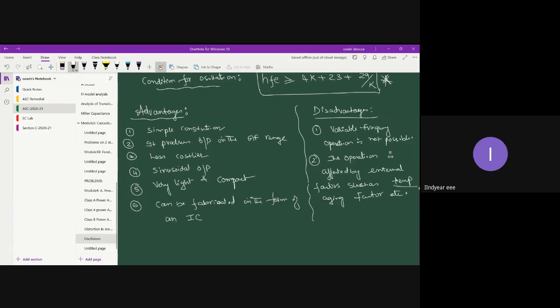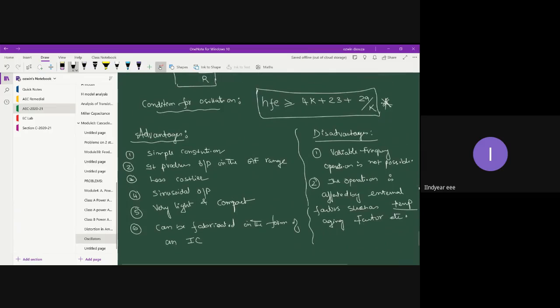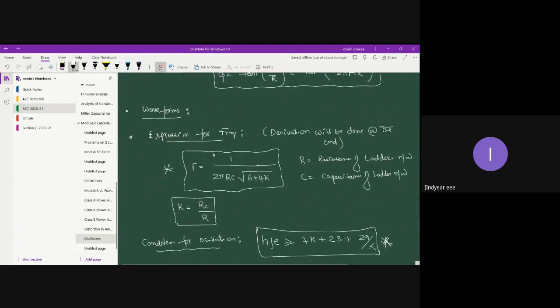Resistance depends on temperature. When the temperature changes, the resistance value changes. You can see that in the expression of frequency. Your frequency is inversely proportional to resistance. So when the resistance R changes due to temperature change, the frequency will change. So there will be a drift in frequency if there is any difference in temperature.